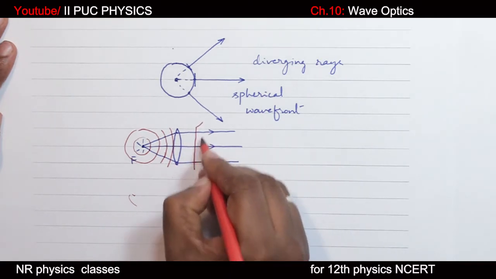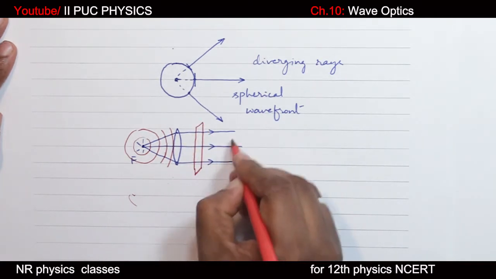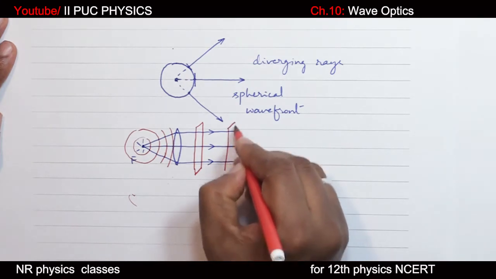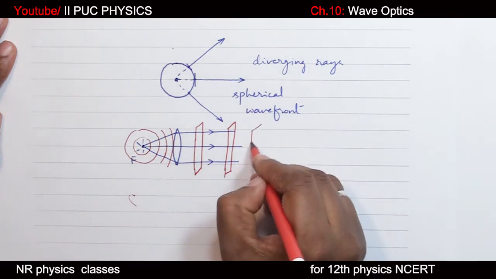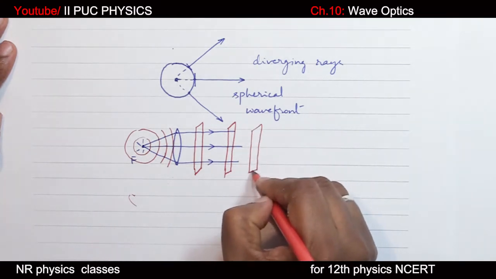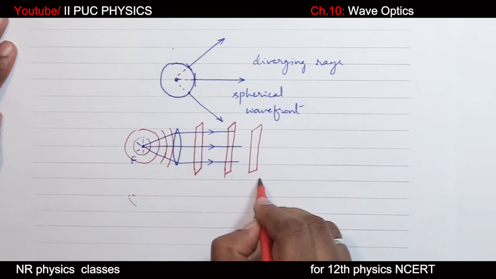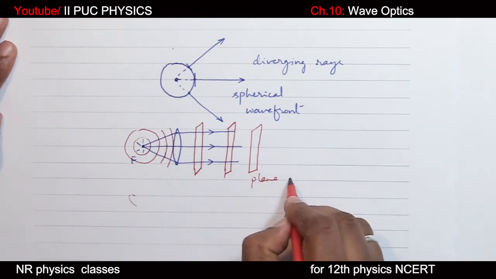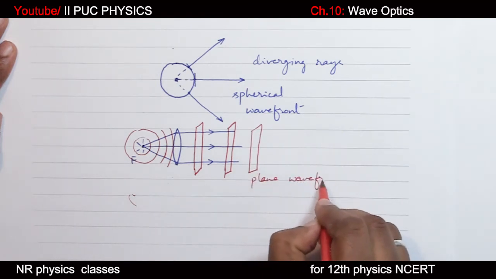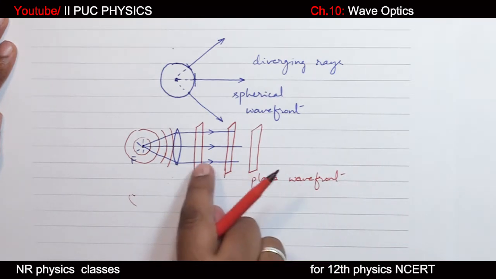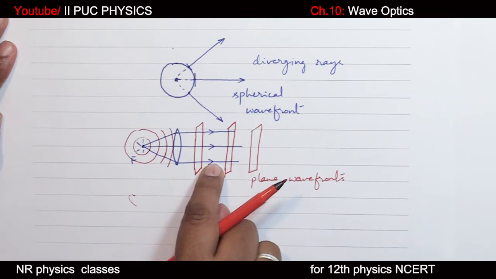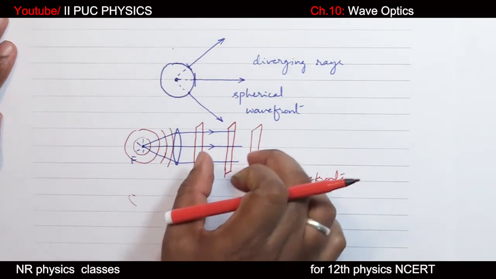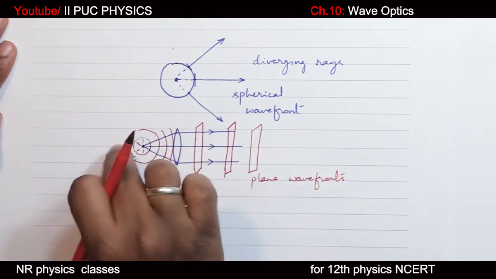Imagine a plane here, one more plane, one more plane. Imagine parallel planes. So these are plane wavefronts. So if you are using plane wavefronts, you are using a parallel beam of light. This is how we can visualize wavefronts to rays and rays to wavefronts.